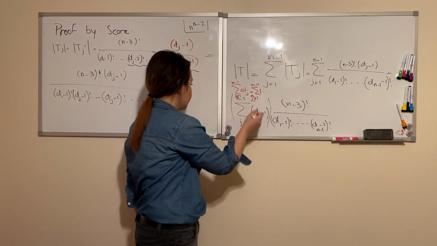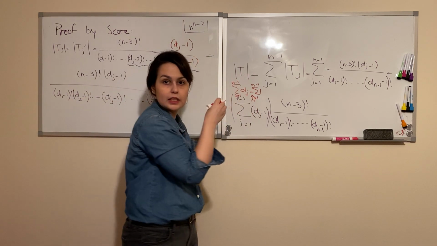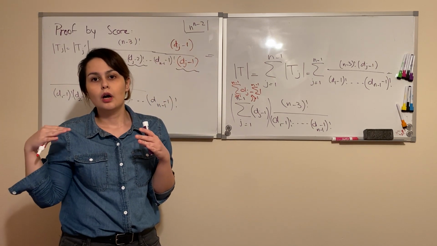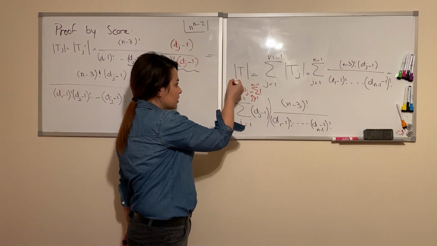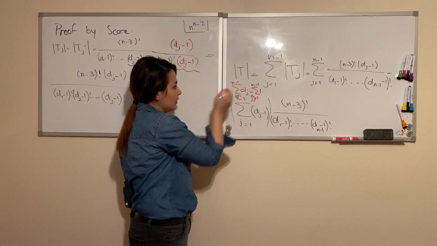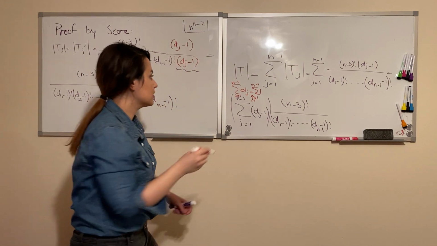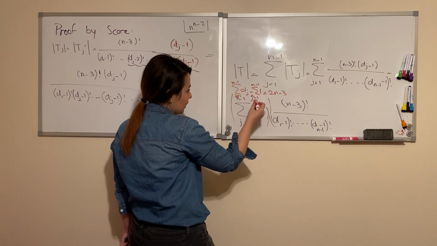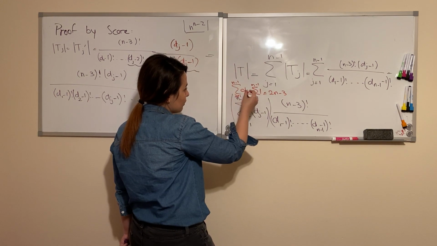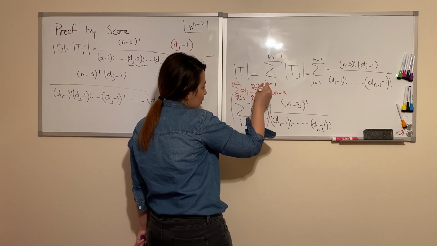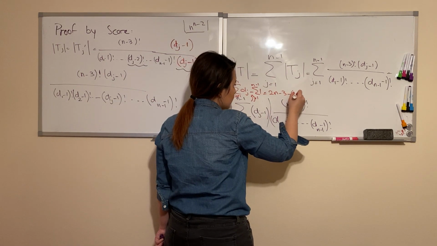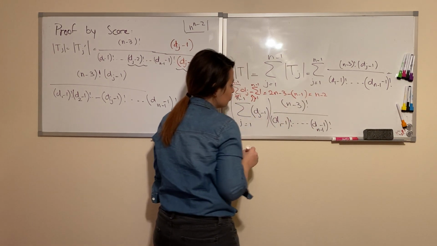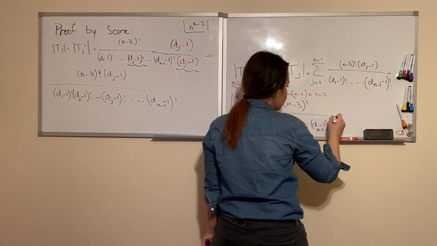We know that the summation of degrees is equal to 2n minus 2, but because the degree of n is equal to 1, and I am not considering the degree of the vertex n, the summation is equal to 2n minus 3. And because here I have 1 to n minus 1, the sum of 1 will be equal to n minus 1. So it is 2n minus 3 minus (n minus 1), which is equal to n minus 2. So this part is equal to n minus 2.